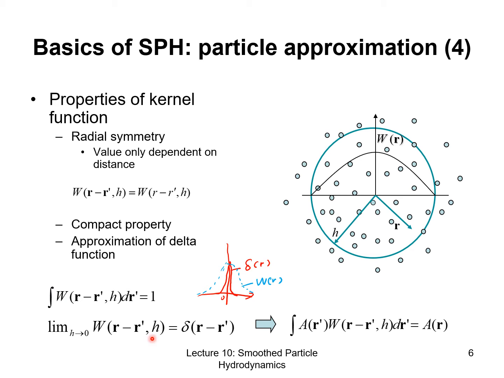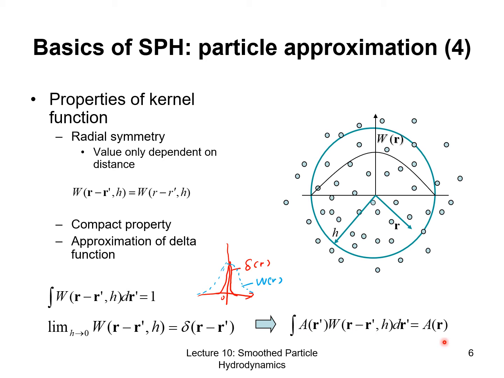And as we know, the Dirac delta function has a very special property. If this one is the Dirac delta function, the integral of this delta function together with any function will be the function's value at that point, at the central point of the Dirac function.